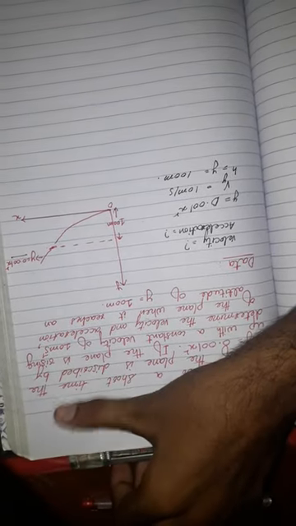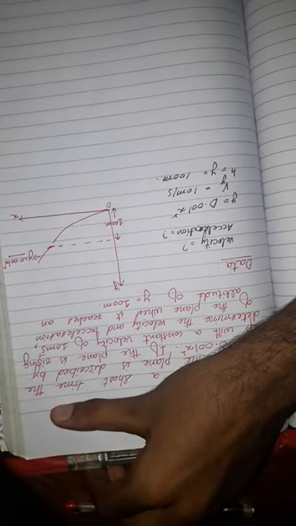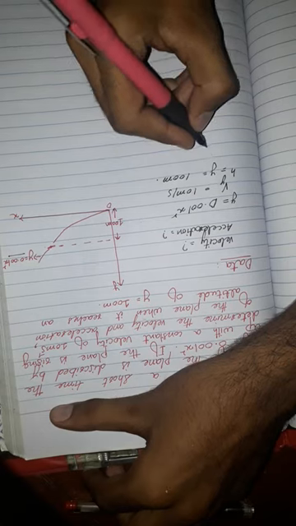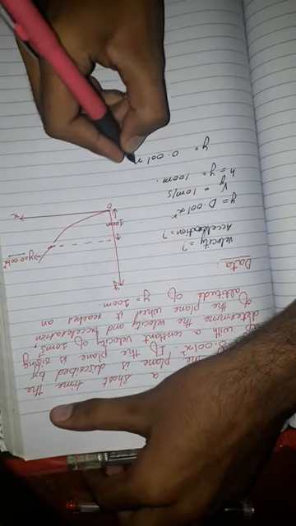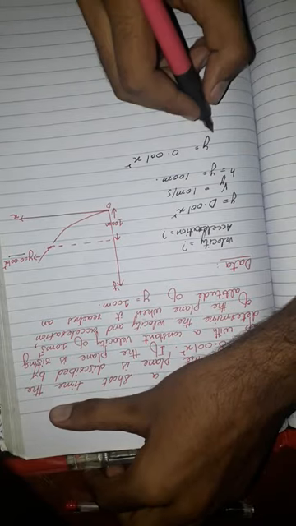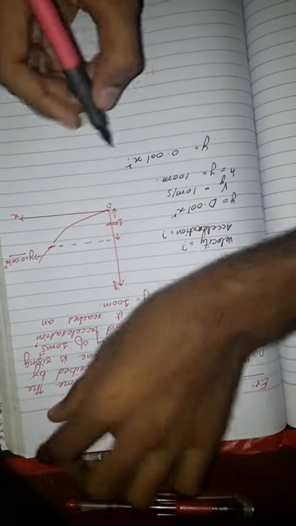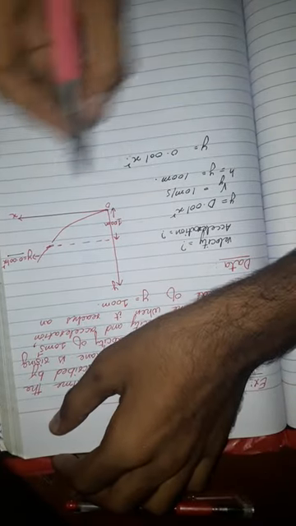So first of all, we are given that y is equal to 0.001 x square. From this equation we can easily find the value of x, the horizontal distance.